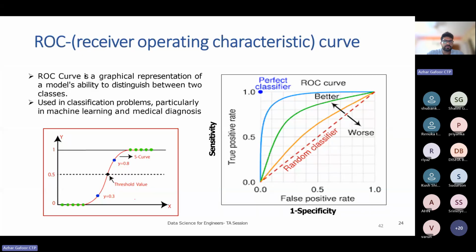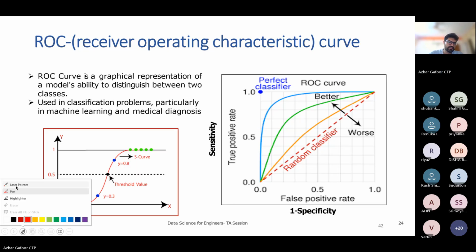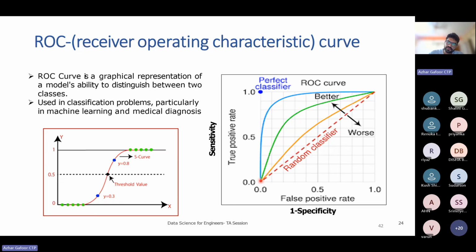If we plot the ROC curve for a model, this line represents 0.5. In a binary problem, the probability of one data point to be in either class is 0.5.